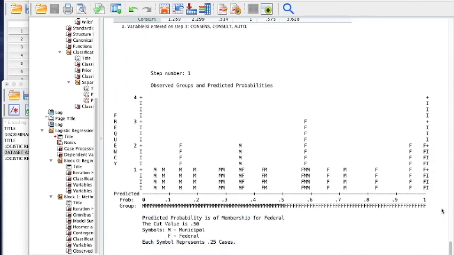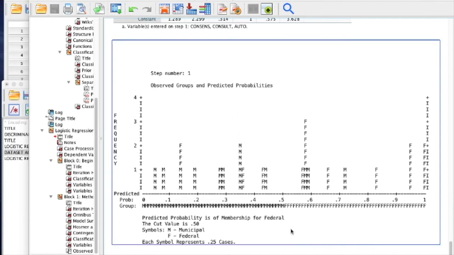Down here, the last thing that we get is this graph. Might look a little weird, but essentially what it's saying is, okay, what is the predicted probability of membership for different levels, given what we have in this model?